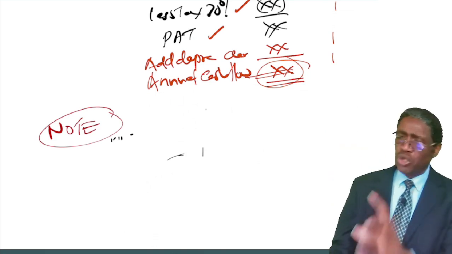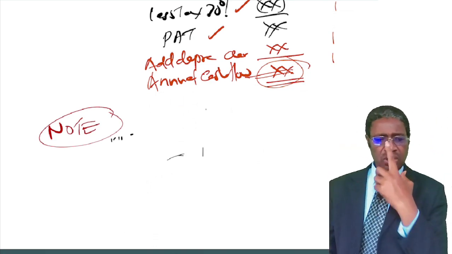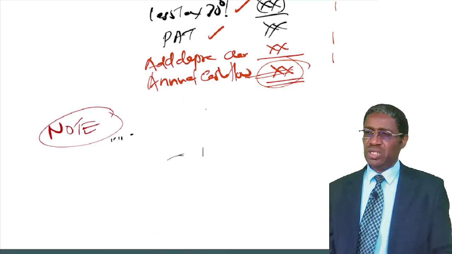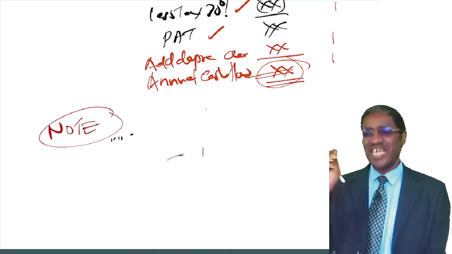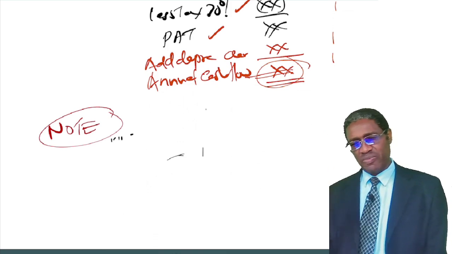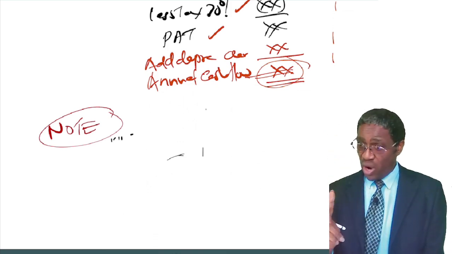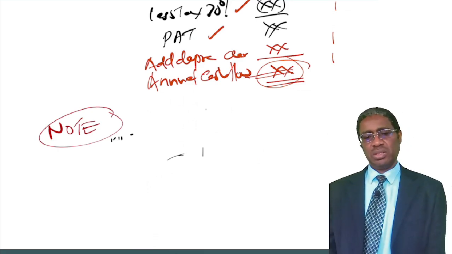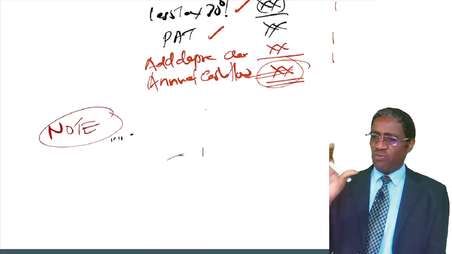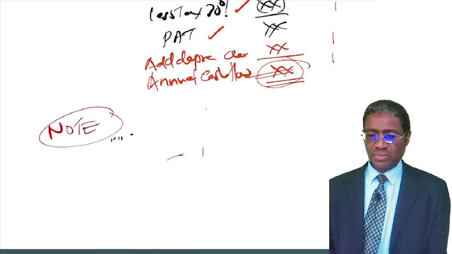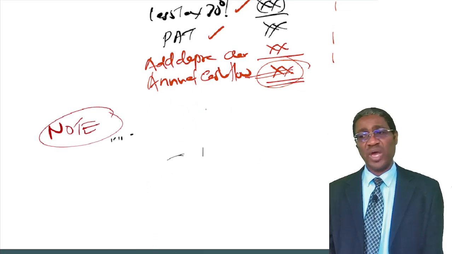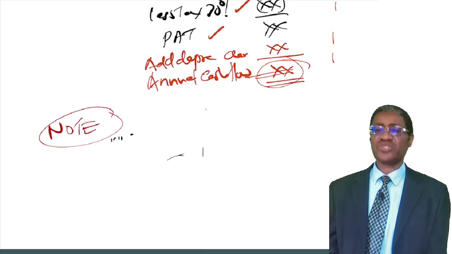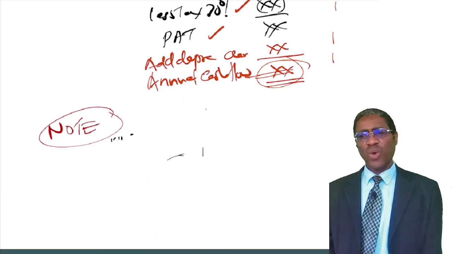Say this: most of the capital budgeting techniques will require the use of annual cash flows. We'll stop. Continue.